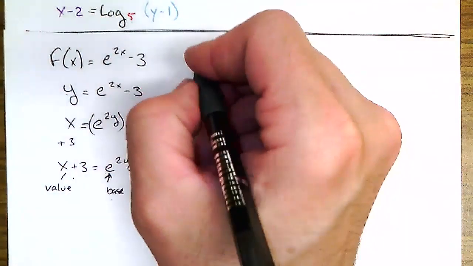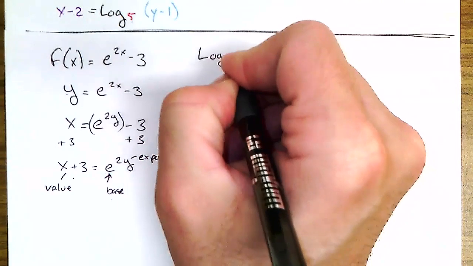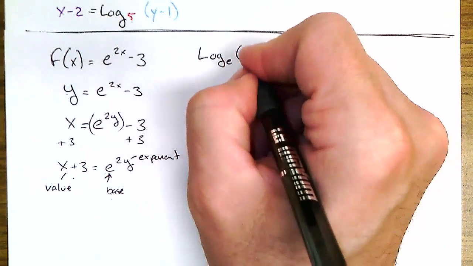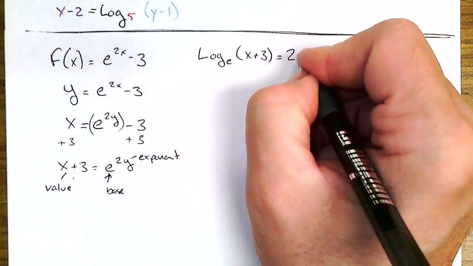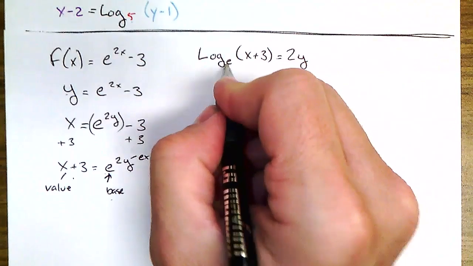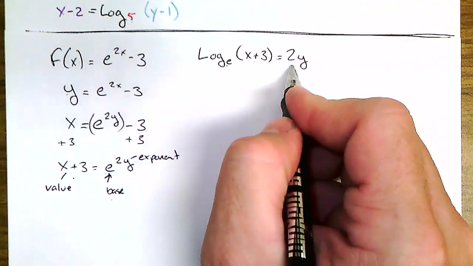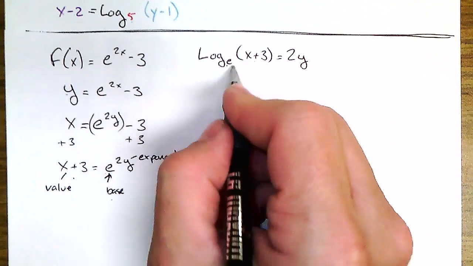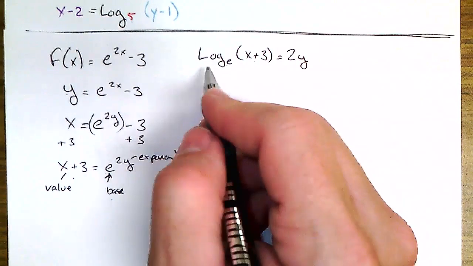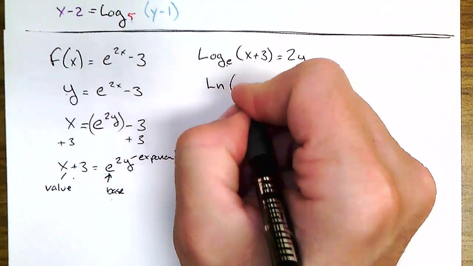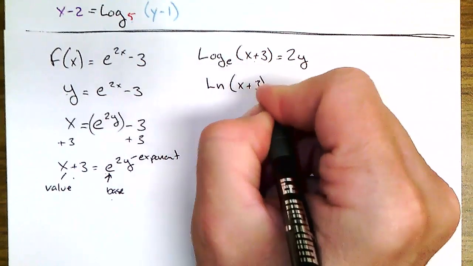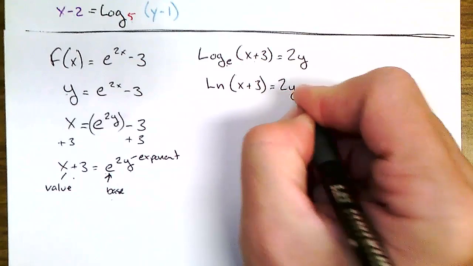So we have our base, our value, and our exponent. Now, log base e has its own format and special name, and that's natural log. So let's write this as ln of x plus 3 equals 2y.